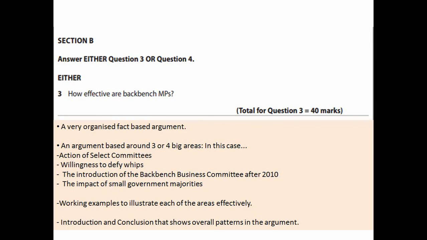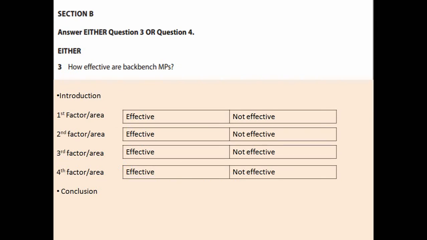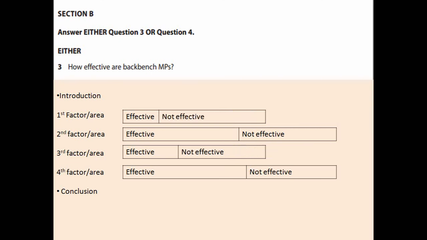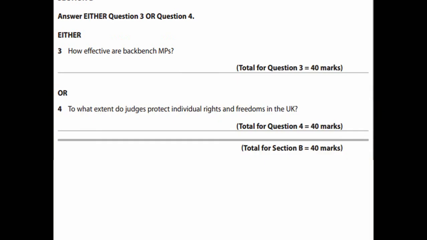Although it's divided into those 4 areas, what makes it really, really good are the working examples that illustrate each of the areas really effectively, and an introduction and conclusion that shows the overall pattern in the argument. It's really, really well organized. It's got an introduction, 4 factors, on the one hand, on the other, in all of those areas, and he's really evaluated the examples as he's gone to reach a good overall conclusion.